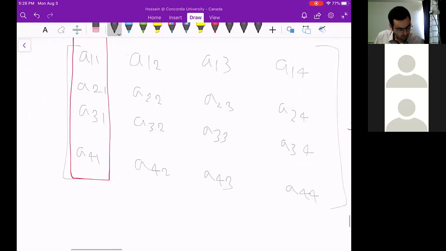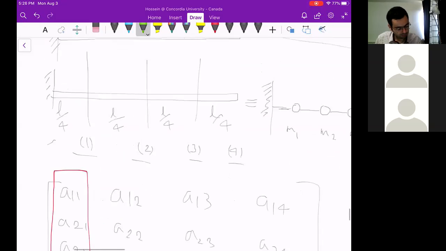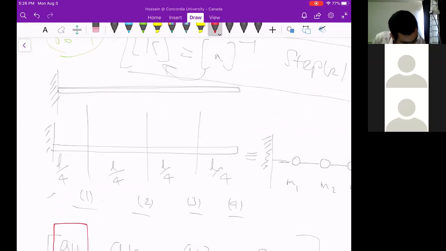For the first column, we have to apply a unit force at M1 and obtain the displacement at M1, M2, M3. Therefore, I apply a unit force here, and I will see what is the displacement at 1, 2, 3, 4.